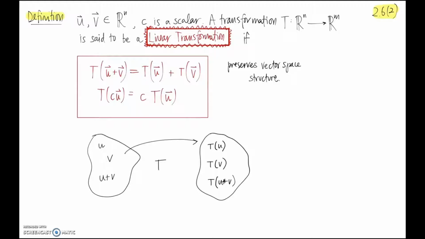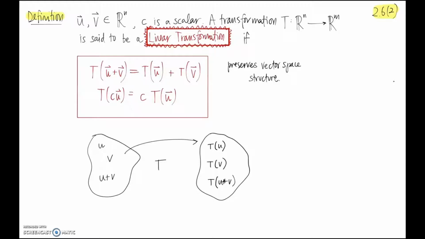And so when we say that we are preserving vector space structure, all of this probably looks somewhat familiar, because when we used to talk about closure of vector spaces, we definitely were always talking about vector addition and scalar multiplication. Those types of discussions were just slightly different, but definitely related.